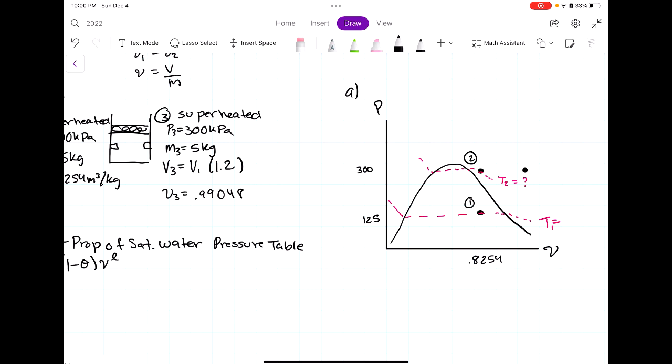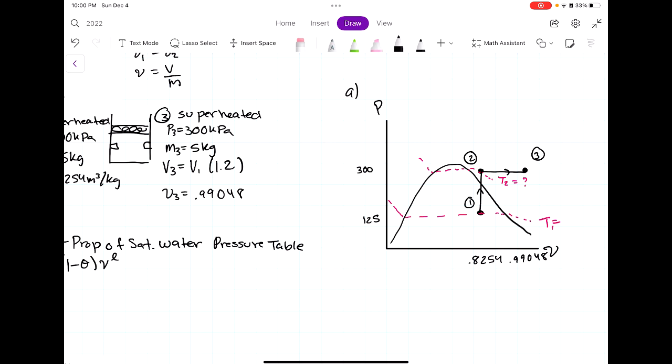It's just that the specific volume is now 0.99048. So that's going to be my third state. I'm going to connect them and draw little arrows to show where it started and where it goes, right?